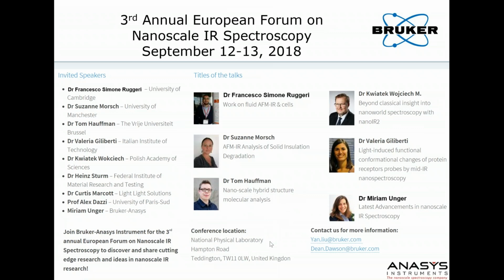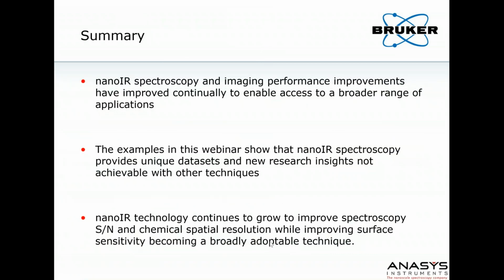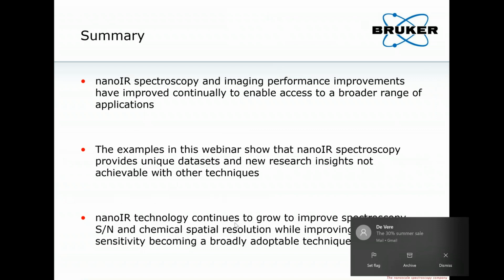So in summary, nano IR spectroscopy and imaging performance improvements have continually improved and enable us to access a much broader range of applications. The data get better and better, and as excellent scientists now get this tool in their hands, they're generating increasingly interesting scientific results that haven't been able to be obtained before.